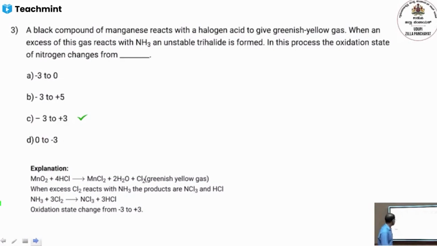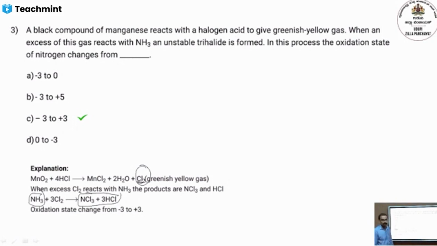So HCl is used here, and NCl3 is formed. Here is the greenish yellow chlorine gas liberation, and the liberated chlorine Cl2 reacts with the NH3 to form NCl3. So in the entire process, the oxidation state changes from -3 to +3.